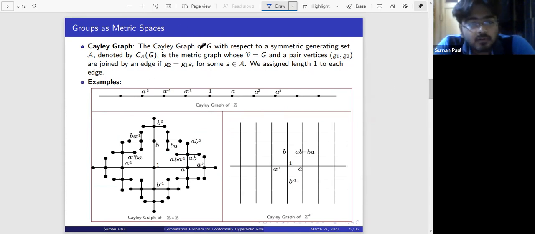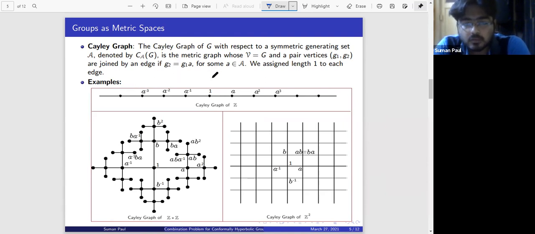The Cayley graph of G with respect to a symmetric generating set A, denoted by Cay(G, A), is a metric graph whose vertices are the elements of G, and a pair of vertices g1 and g2 are joined by an edge if g2 equals g1 a for some a belonging to the generating set. And we also assign length 1 to each edge. So this is the definition.